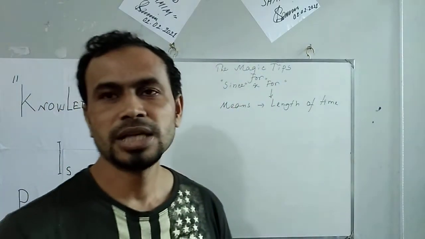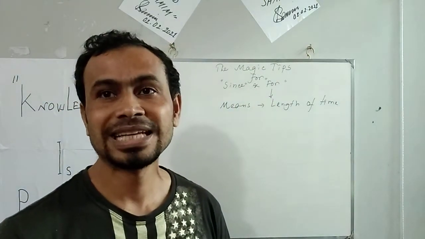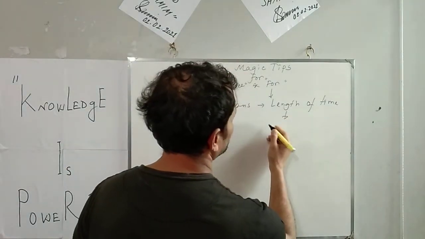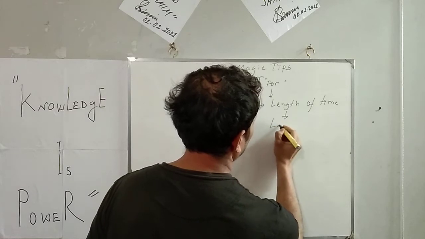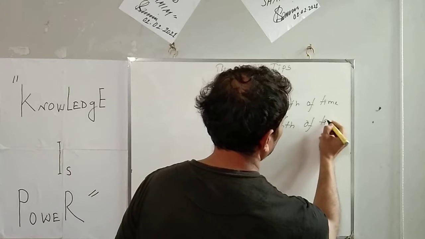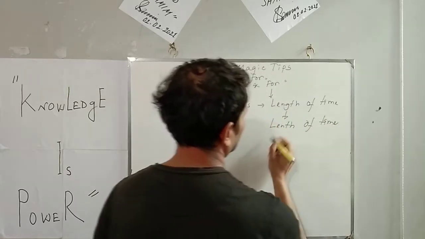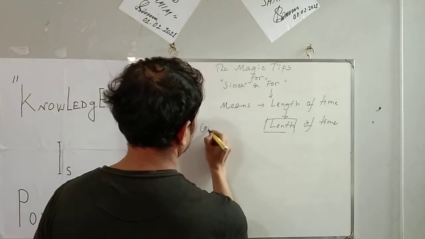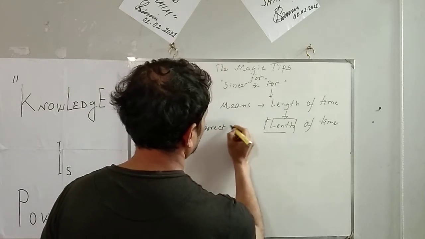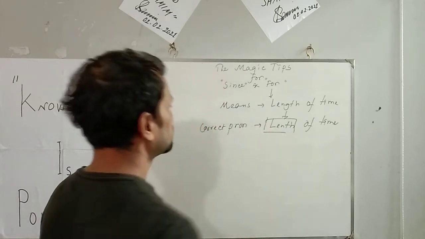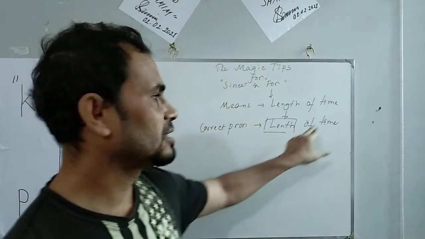So here I pronounce length, not length. So the correct pronunciation is length. Okay, length of time. The correct pronunciation is length of time.